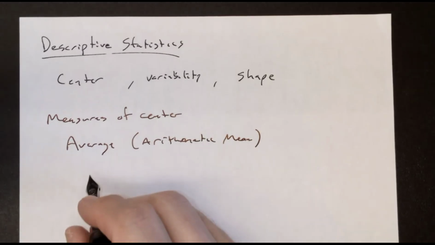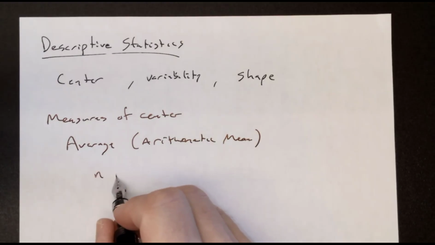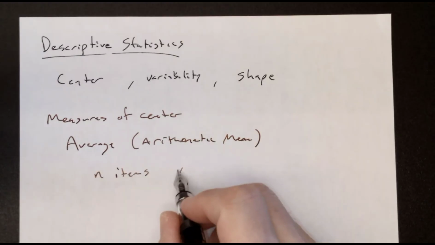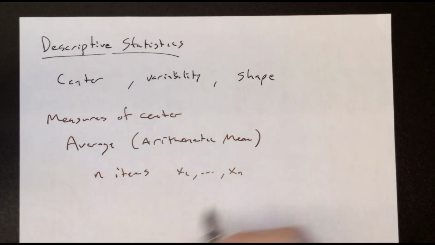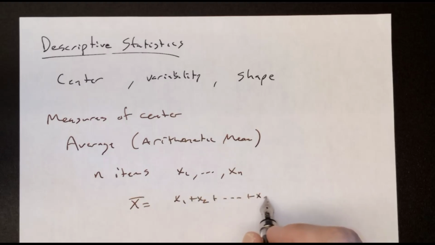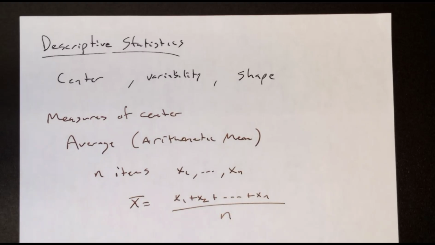Aha. So if I have n items, x1 through xn, then the average adds them up and divides by how many there are.